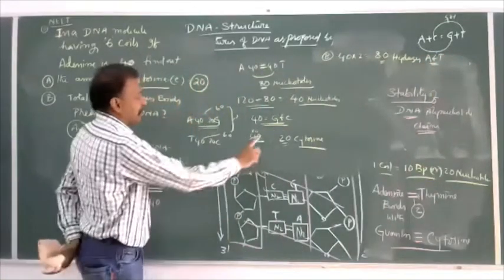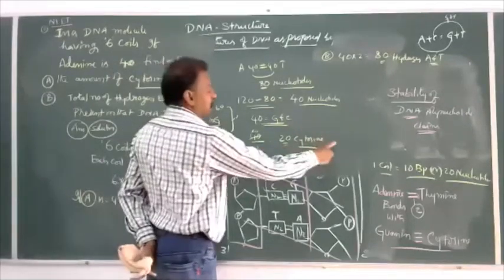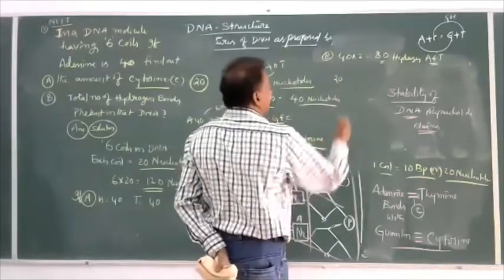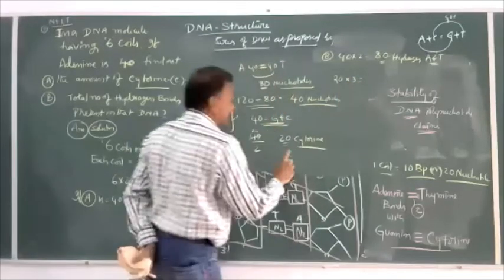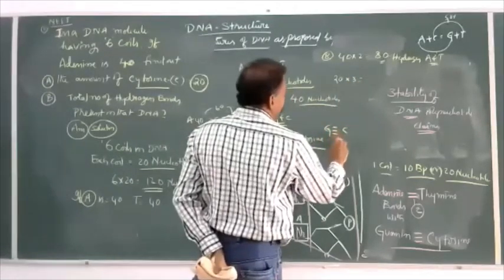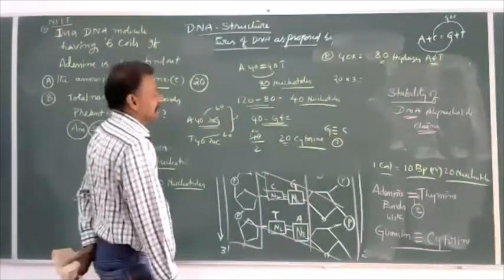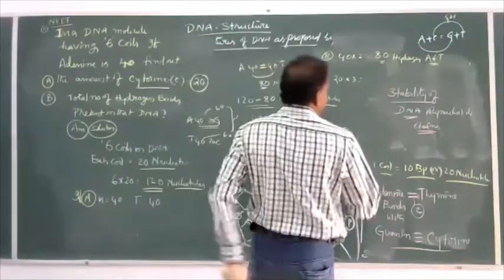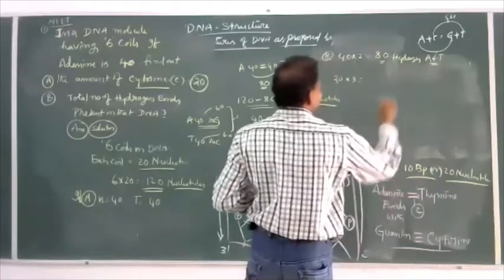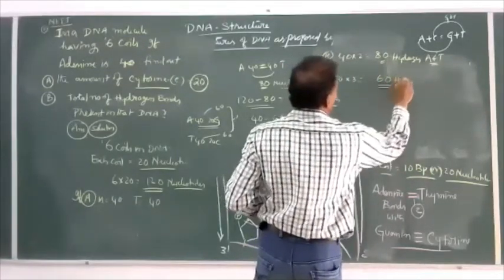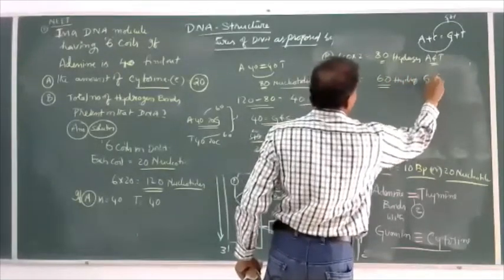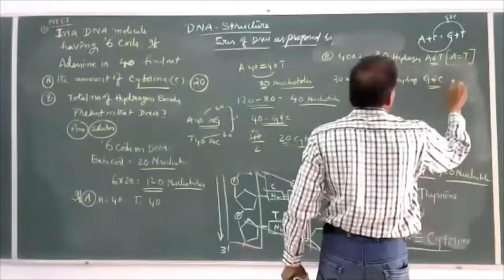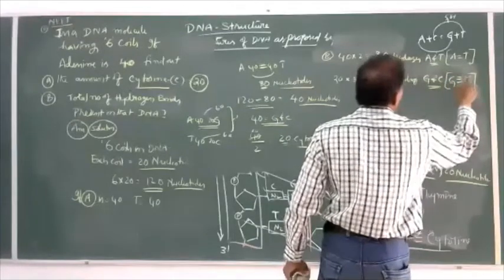Now, how many are there? 20 cytosine, 20 guanine. 20 into, always between cytosine and guanine, 3 hydrogen bonds. 20 into 3, 60 hydrogen bonds between G and C, because A and T have a double bond, G and C a triple bond.